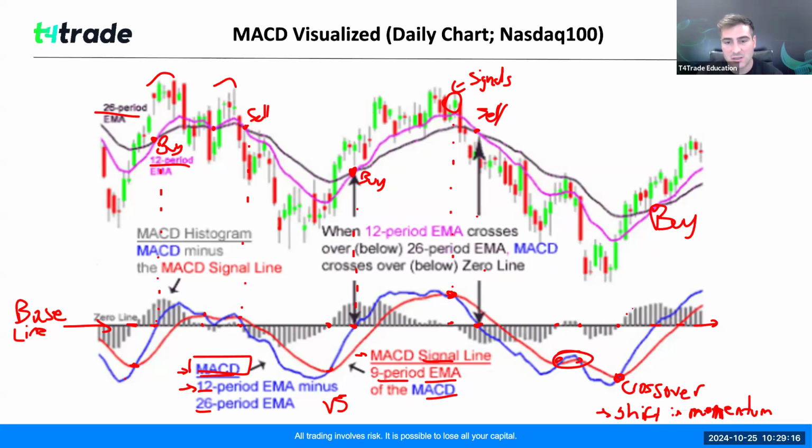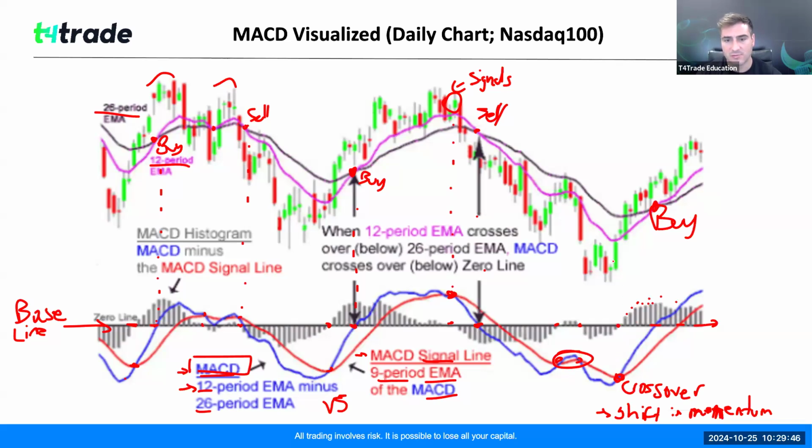The larger the histogram bars are, the better it is, because it gives you an idea that the momentum between the two is widening. So the less dominance the bears have, the more the bulls have, the wider the gap is going to be, and vice versa. So it's going to be reflected by histogram bars. If they are large and larger compared to prior times, super good news for you if you have entered the position.